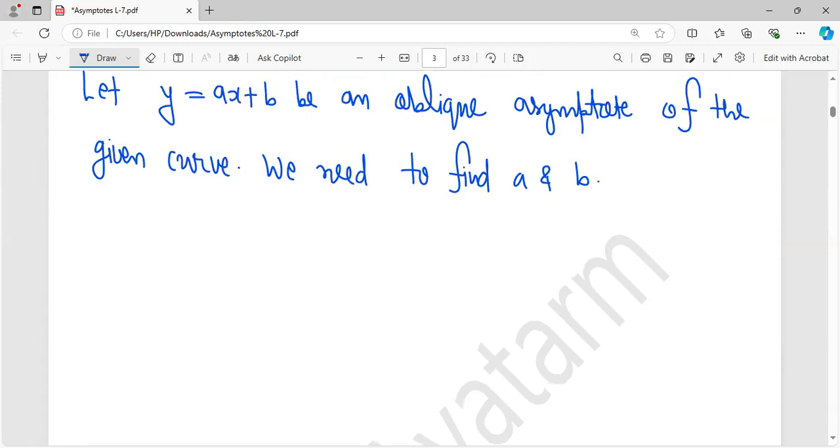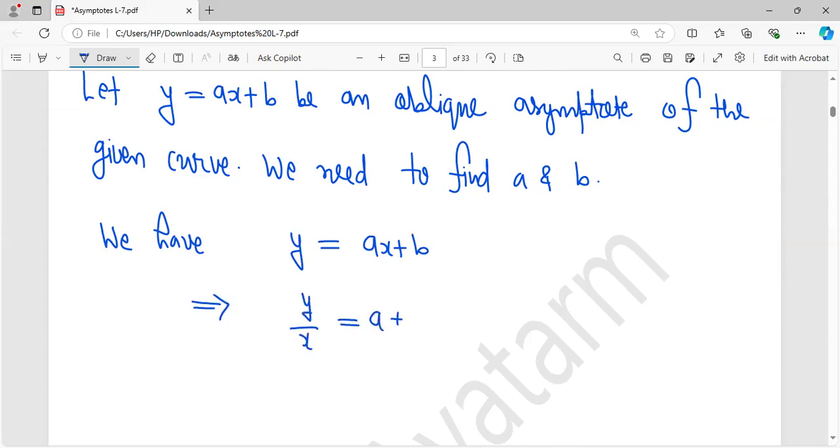So we have this asymptote y = ax + b. Dividing by x, what we will have?